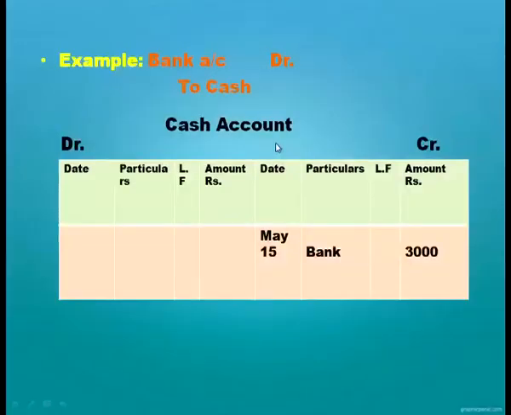So, when you think about the cash account, how you have to post it, this is not a part of the cash book, but I am telling just to make you aware why I am writing the amount in the cash column. When I am writing by bank, why am I writing the amount in the cash column? Just check this.